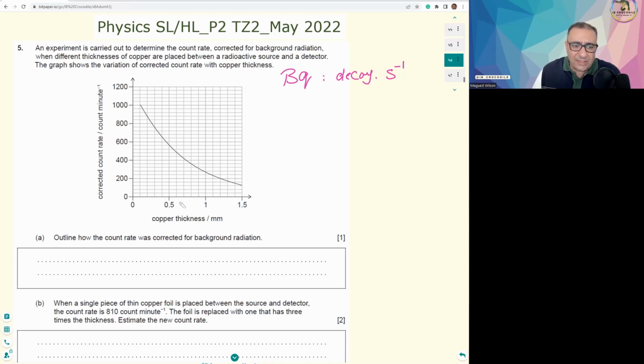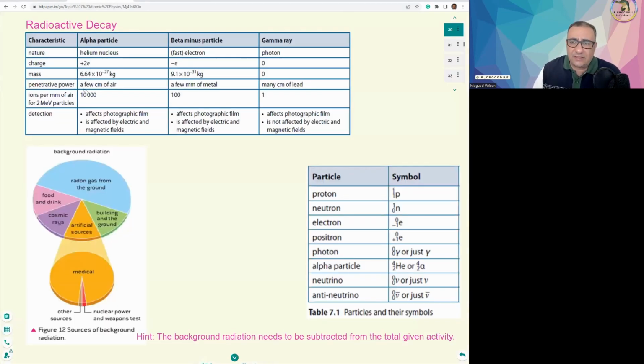Now, on the x-axis, we have the copper thickness in millimeters. Now let's review together what we mean by background radiation. The background radiation is radiation that exists in our environment already, without any specific radioactive source. These are the sources of background radiation.